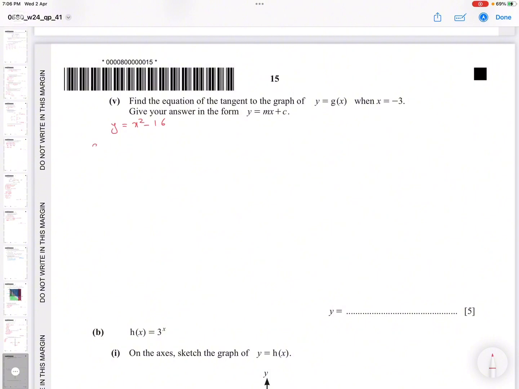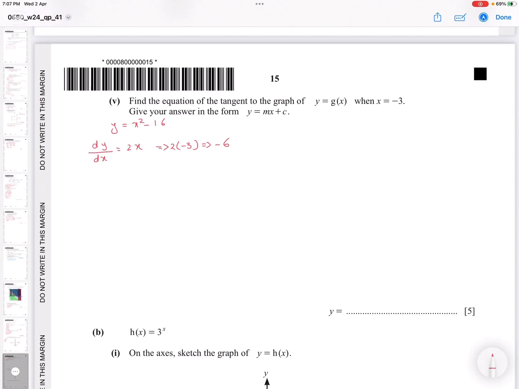Now you can differentiate it to get the gradient of the tangent. Dy by dx gives you gradient of tangent always. So this is 2x. Differentiation of minus 16 is 0, no need to write 0 here. Now you can place negative 3 in it. So 2 times negative 3 gives you negative 6.